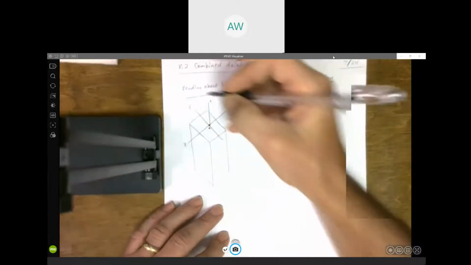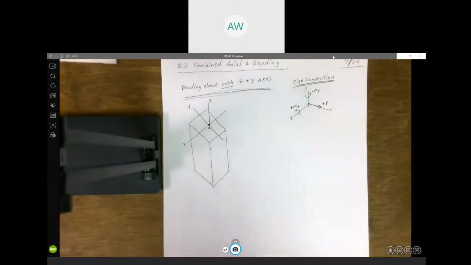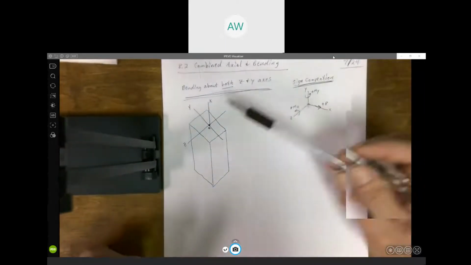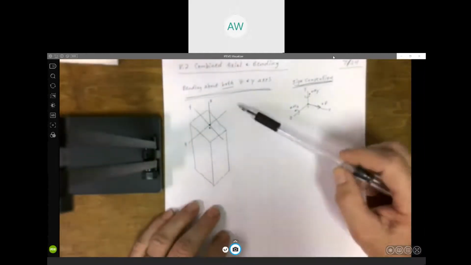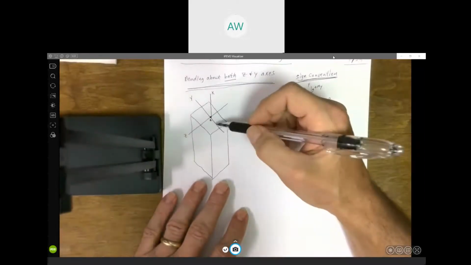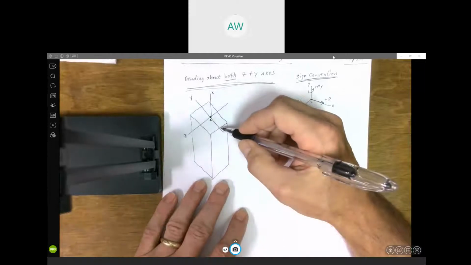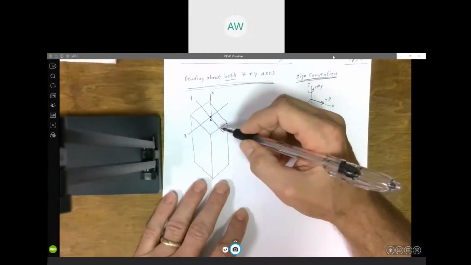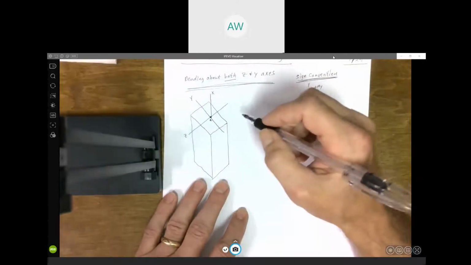This is z, this is y. The example we looked at yesterday, we applied an axial force, not through the centroid, but out on one of the edges. But it was still on, if I remember right, I think it was on the y-axis maybe. But it was out here at the edge. And so that resulted in an axial load and a moment about the z-axis.